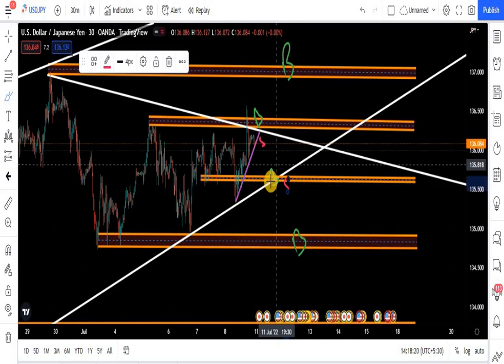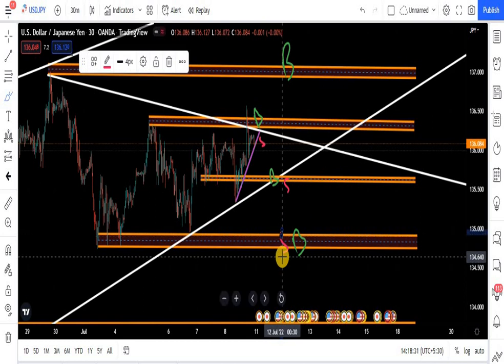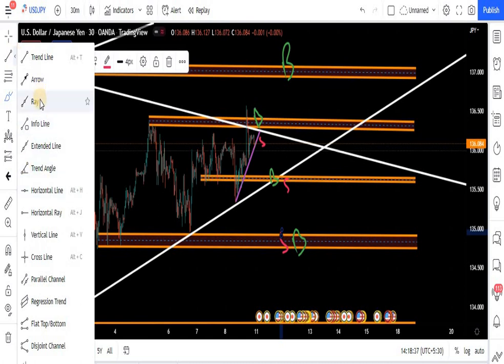If it is taking support at this area, meaning 135.500 to 600, we go for buy. Sell below this if it is broken, and we test. So where is the market heading? Where is the market going?